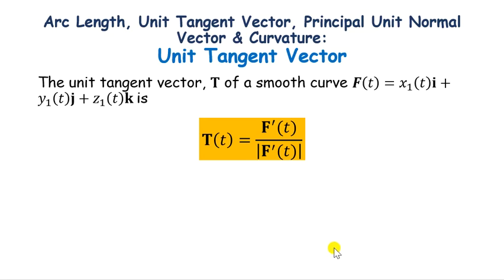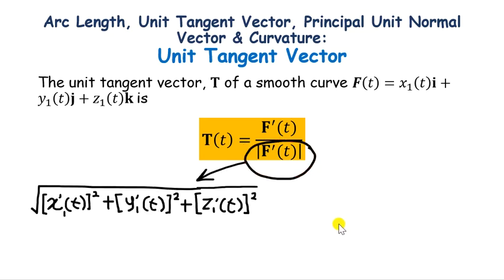How do we determine the magnitude? You can use this equation to find the magnitude of the derivative of f. You just have to differentiate f of t, then take each component and square it. After that, you take the square root of all of them. Then you will get the magnitude of f prime t.